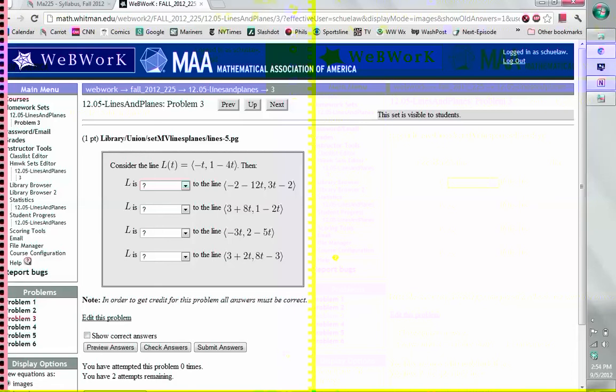So you see how all 3 possibilities exist. Associated with every line is a direction. What you're really being asked to do here is compare the directions of these lines. Are the directions parallel? Are the directions perpendicular? Or are they neither?